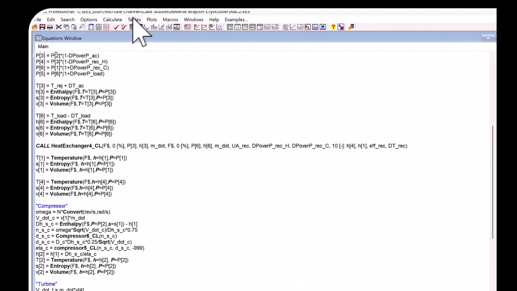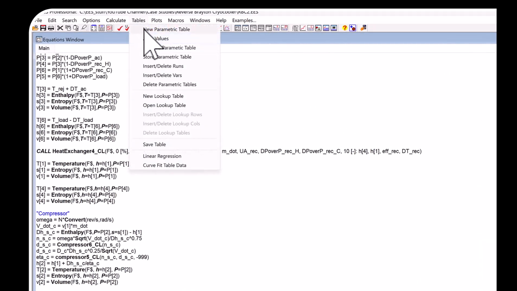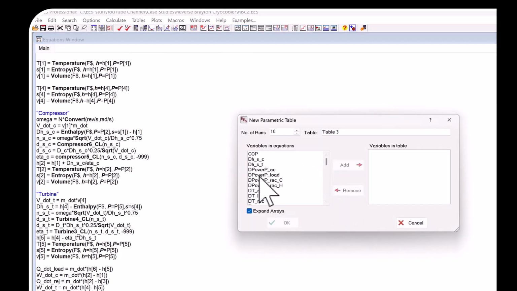So the first thing I've got to do is have a new parametric table. In the table I'm going to put 400 rows, so it'll be 20 by 20. I'll put COP, the turbine diameter and the compressor diameter, so these two.